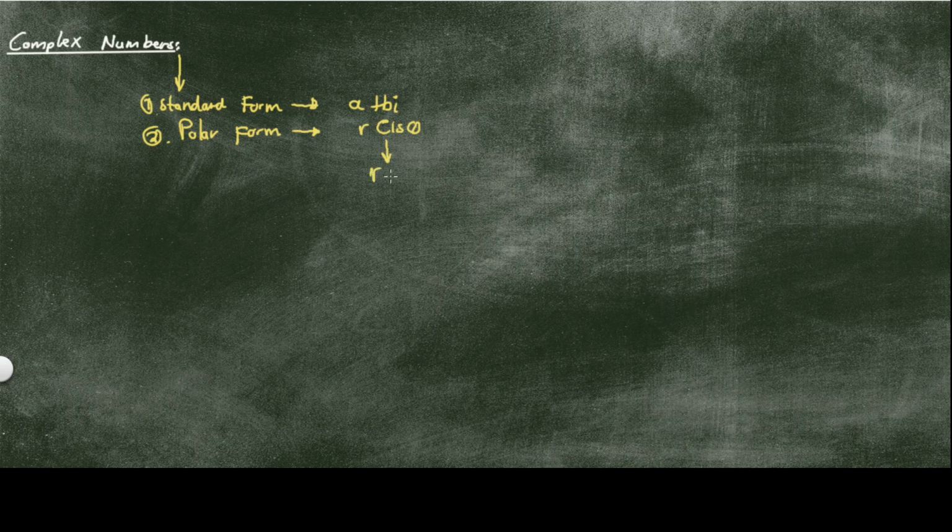The polar form of r, open brackets, cos theta plus i sine theta. Yes, this is also considered a polar form, but it's a way of changing a polar form back to a standard form as well.